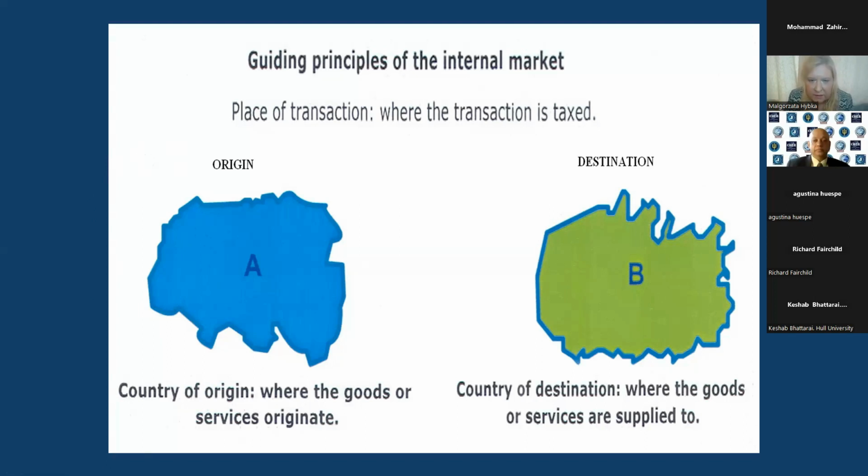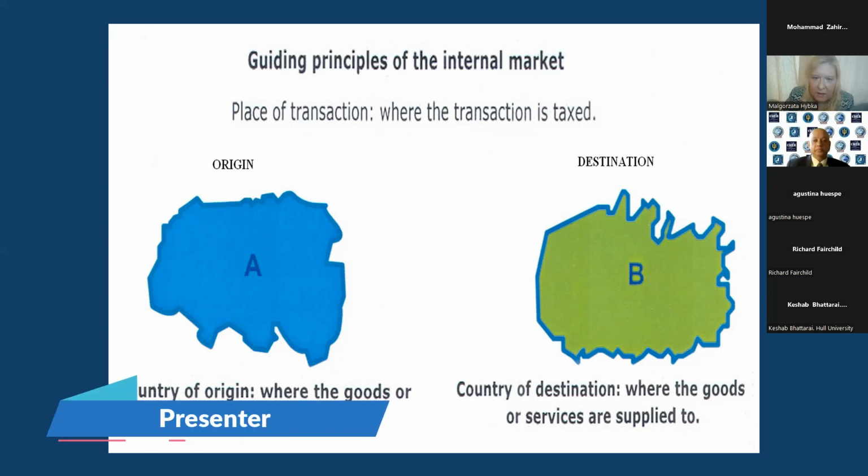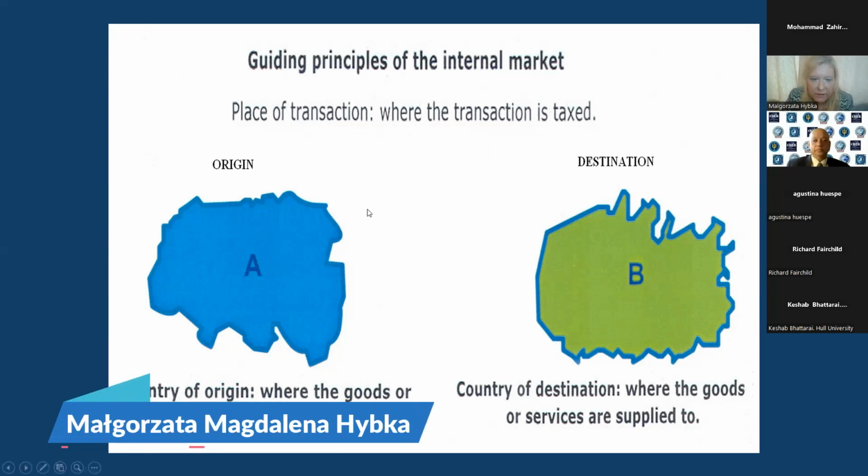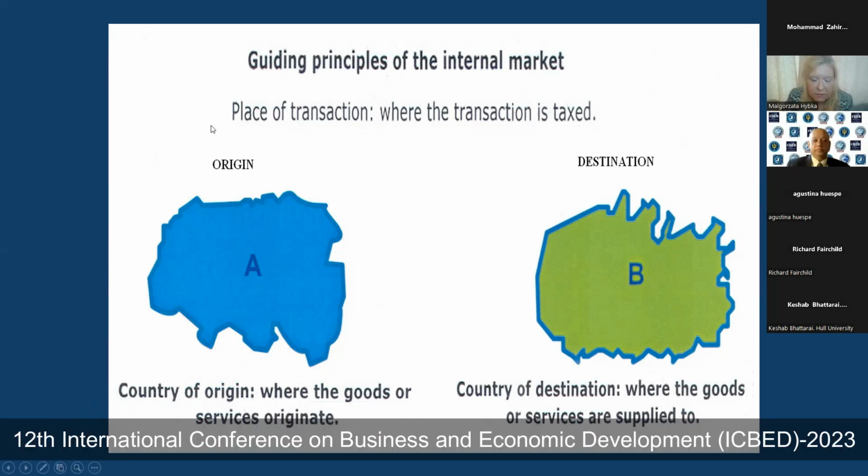The legislator may decide such a movement either will be taxed in the country of origin, so where the producers and the suppliers are established, or in the country of destination where the customer resides and where the final consumption takes place. Of course, the logical option would be to tax everything in the country of origin, and that was initially the concept of the European Union.